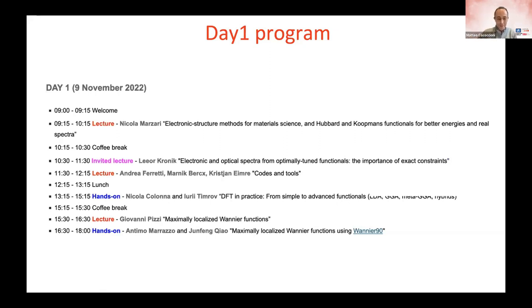Nicola has a long career, so let me just highlight a few things. He has contributed significantly to the development of the Hubbard functional and Koopmans functional, which this tutorial is focused on. Importantly, he is also one of the main developers of maximally localized Wannier functions and beyond-DFT electronic structure methods in general.